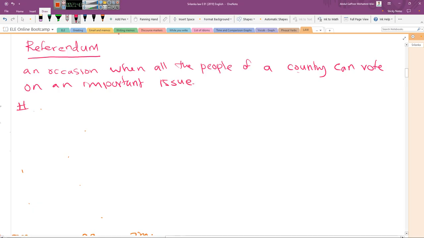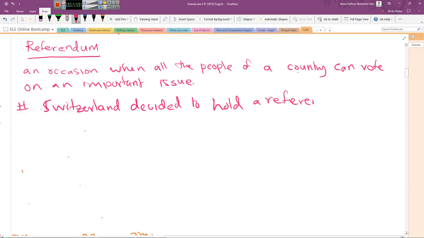So the example sentence is Switzerland decided to hold a referendum on joining the EU.